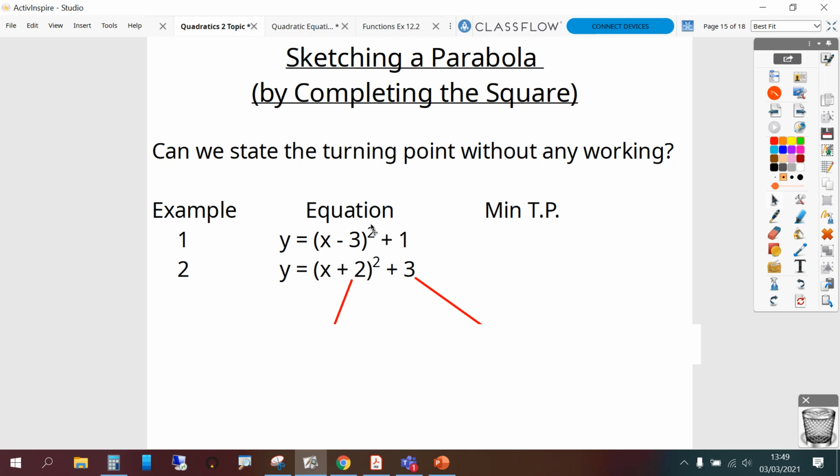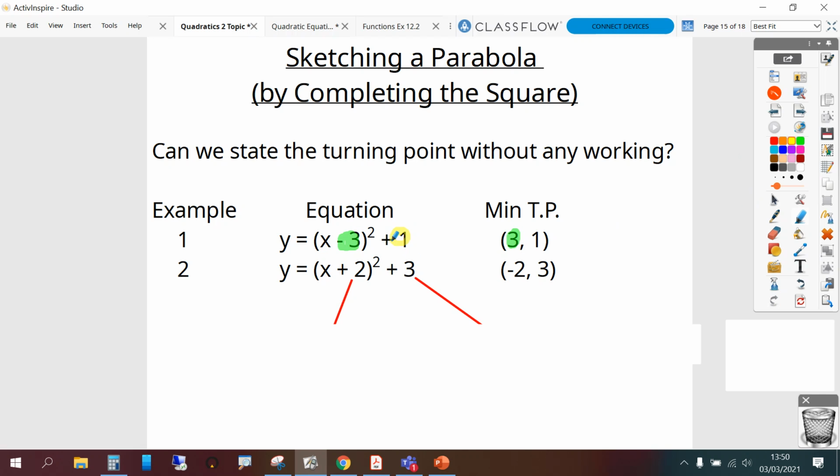Now, do we need to go through all that process to get the turning point? Well, not really. We can state it without any of the working. So previously, we had these two. For the first graph that we did, we had (3, 1), and for the second graph, we had (-2, 3). Let's have a look. We get -3 there, and that's +3.